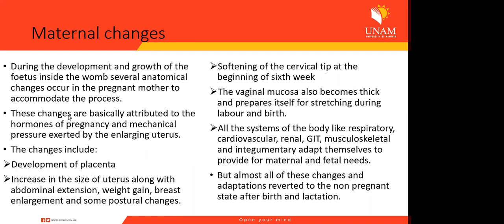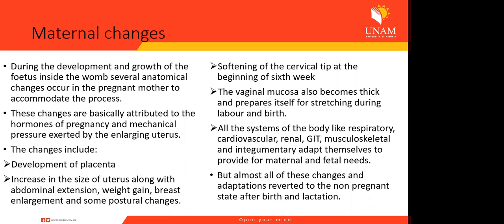There's an increase in size of the uterus to accommodate the growing fetus. And this comes along with abdominal extension, weight gain, breast enlargement or engorgement, and some postural changes.